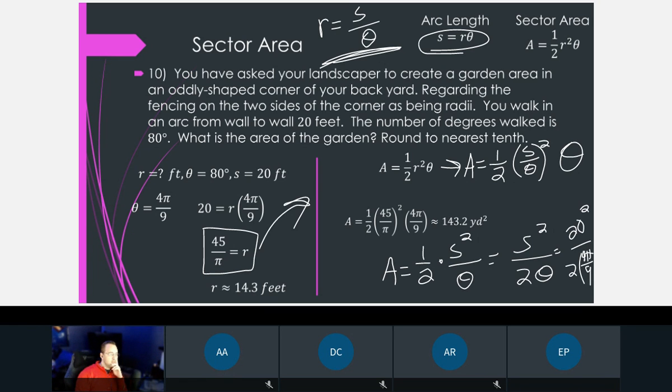I actually did it even a different way, but I don't know if all calculators allow for this. So I typed in the first part, 20 divided by 4 pi over 9, and then got the answer on my calculator, and then I just did answer squared using the answer key, and then did that answer times 1/2, and then did that answer times 4 pi over 9.